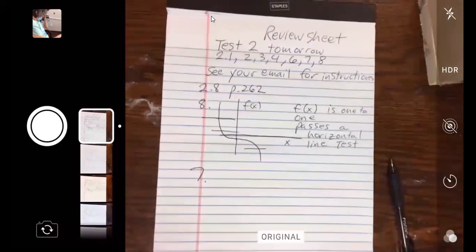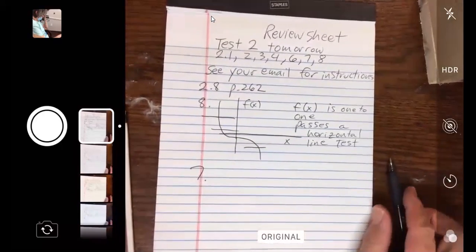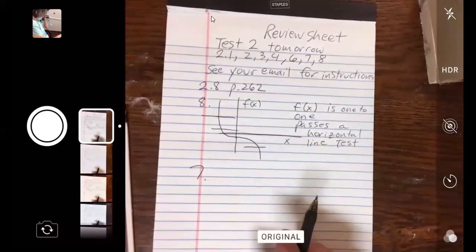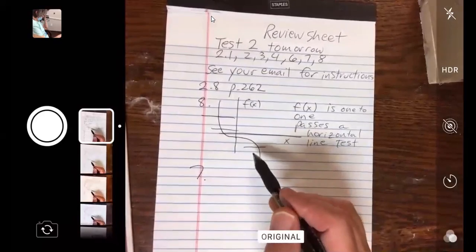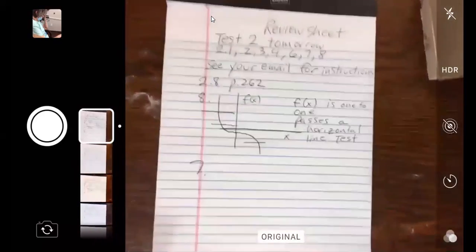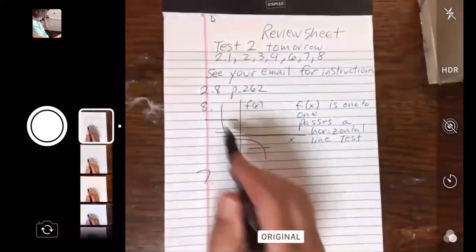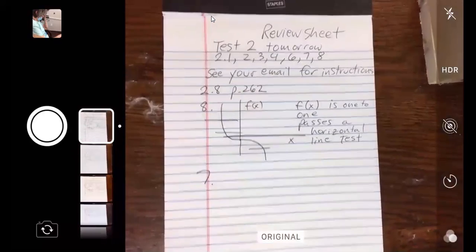All right, we'll just go through a few problems here from section 2.8. We'll start with number 8. Here's a graph of a function. Determine whether it's 1-to-1. I made my best copy of it right here.